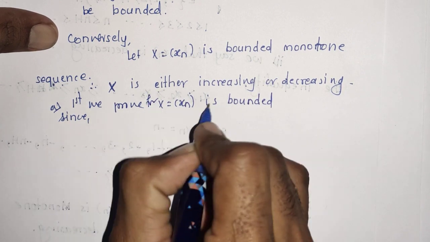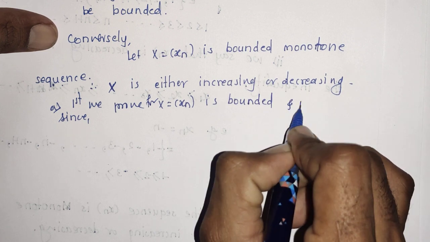First we prove the result for x equals xn bounded and increasing.